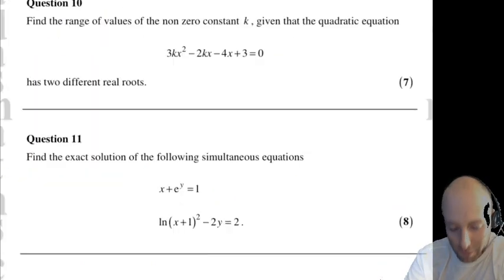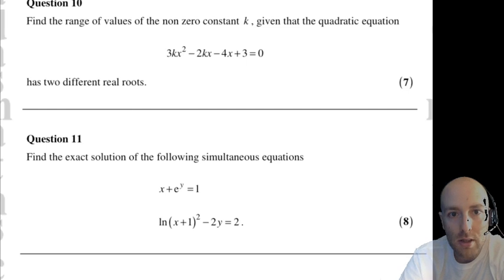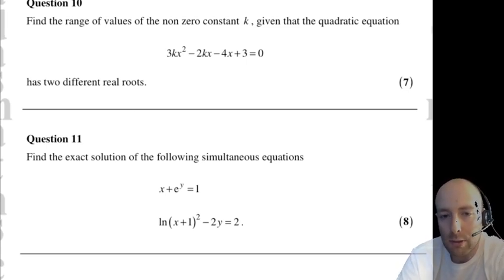So next one, yeah, 15 minutes to do both of these questions. Please comment if you get stuck though, and comment your answers as well so I can see how you're getting on.